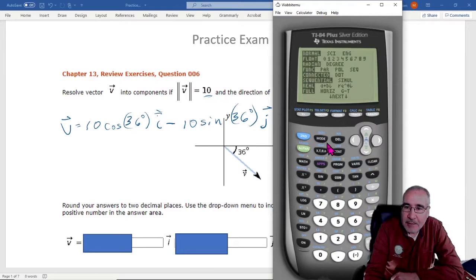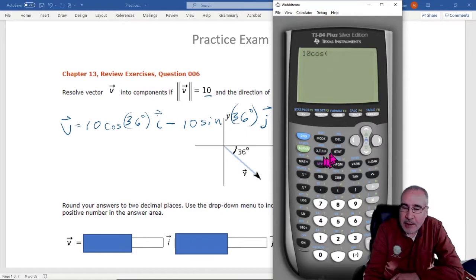Take 10 cosine. One of the deals is you have to make sure you're dealing with degrees rather than radians, so here I go to my mode. I'm in radian mode, and that would have given me the wrong answers and I would have wondered what's going on. So if you're doing degrees, make sure you're in degree mode, and then everything will be just fine.